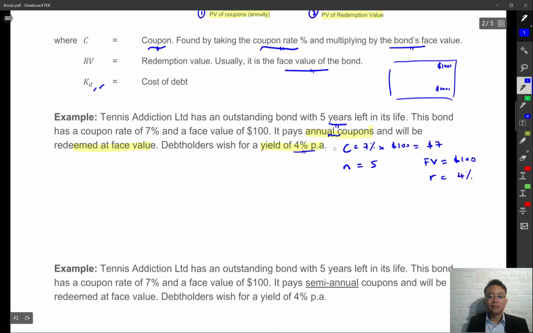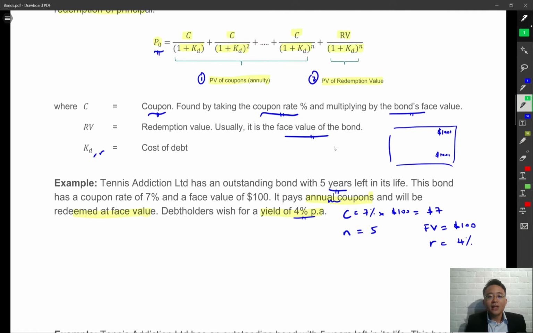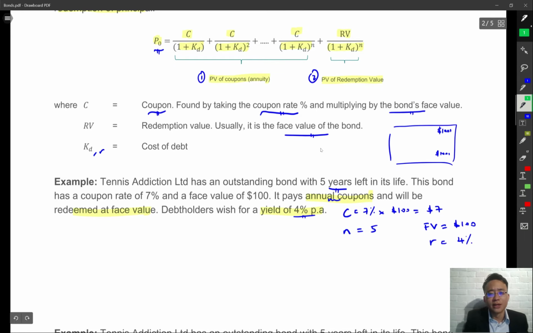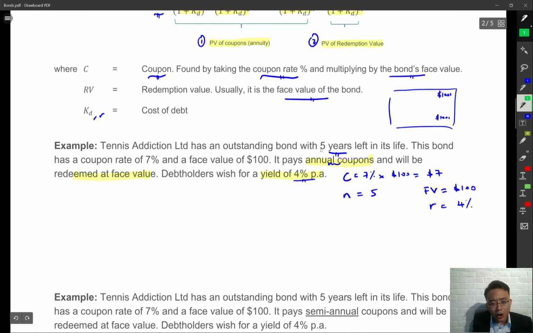Right? This is what your debt holders wish for. So, how do we start valuing this? As said, you could do it the formula way like above, but let's do it more intuitively. Alright? So, a bond, as said, is valued based on 2 cash flows. So, what are the 2 cash flows within a bond? Your first cash flow would be none other than the coupon itself.